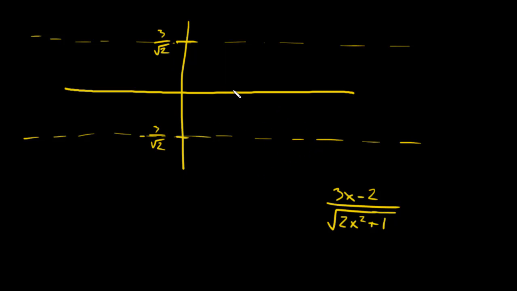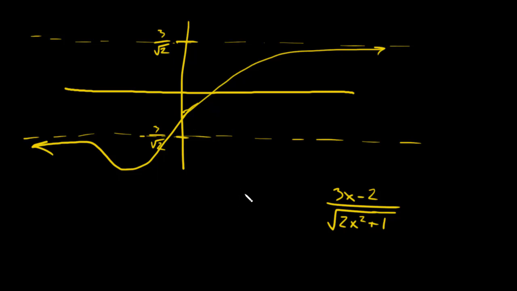This is going to look kind of strange. But it does this, and then it does, if I can sketch this properly, this. Okay? Now, this is very strange behavior if you're used to vertical asymptotes.